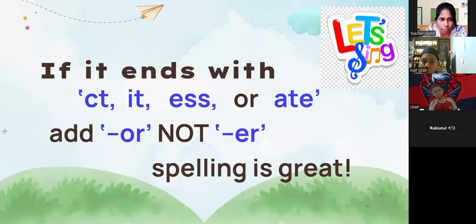So you have to say, if it ends with CT, IT, S or ATE, add OR, not ER. Spelling is great.